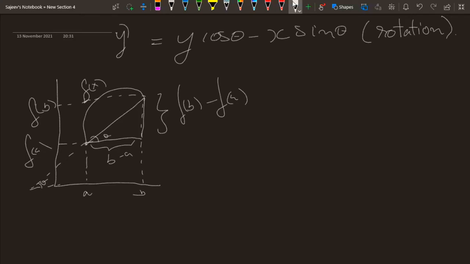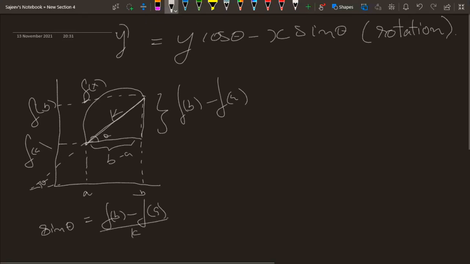Let's just call this length k for instance. So what is sin theta and cos theta? Sin theta is equal to f(b) minus f(a) by k, cos theta is equal to b minus a by k.